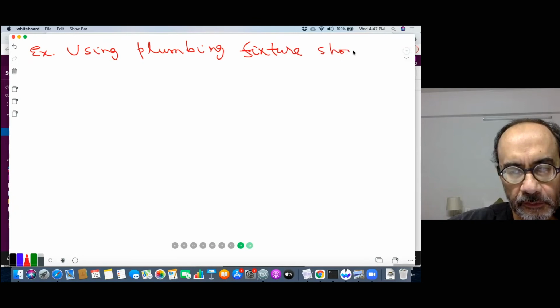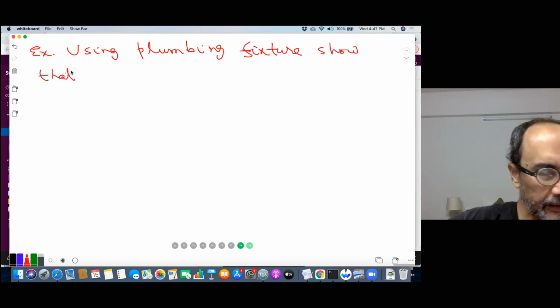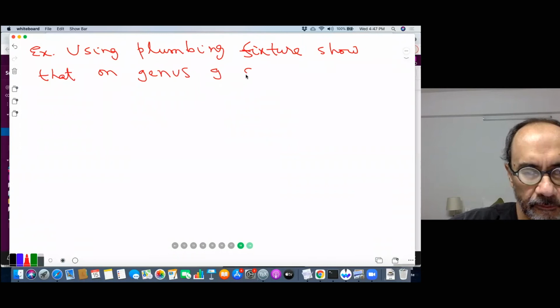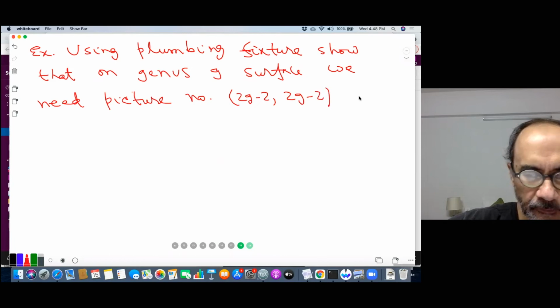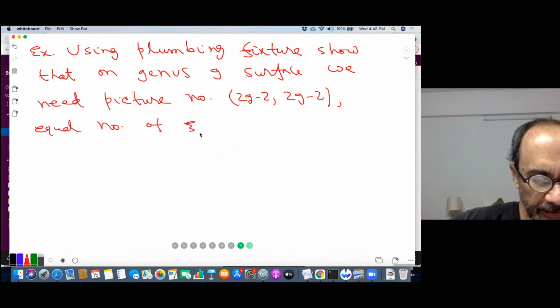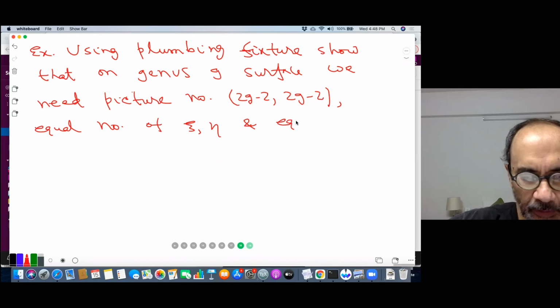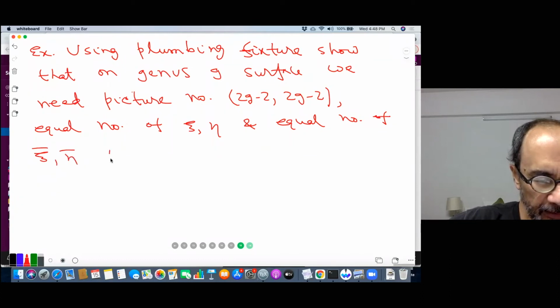So that on a genus g surface, we need picture number (2g minus 2), and an equal number of xi eta and an equal number of xi bar eta bar to get a non-zero correlator.